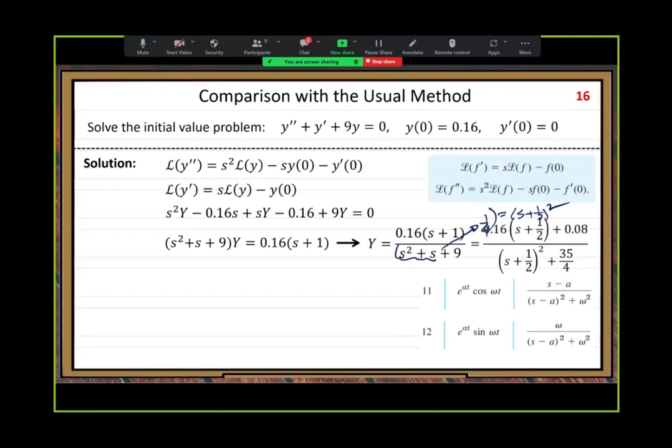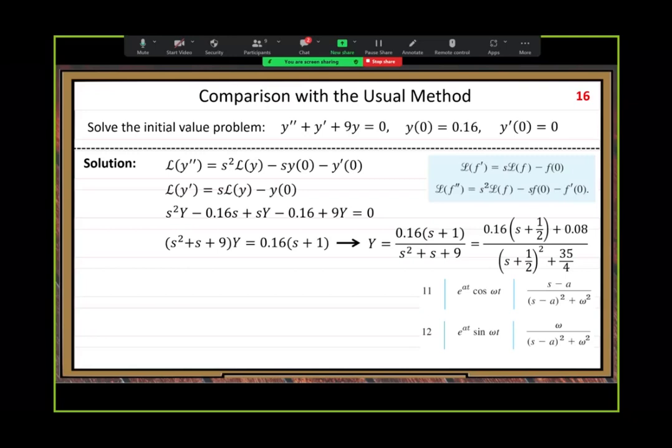Okay. Then look at the split I made here. Split 1/2, because in the numerator we need this 1/2 inside the bracket square, and the remaining number.